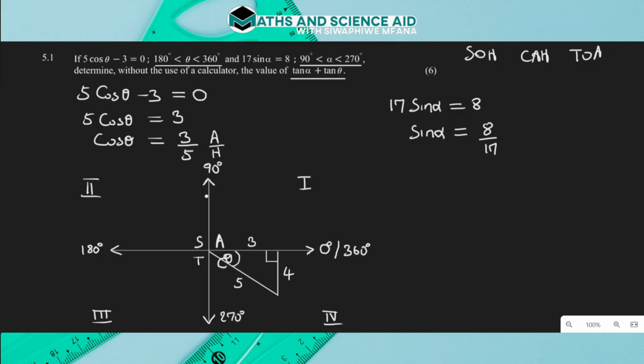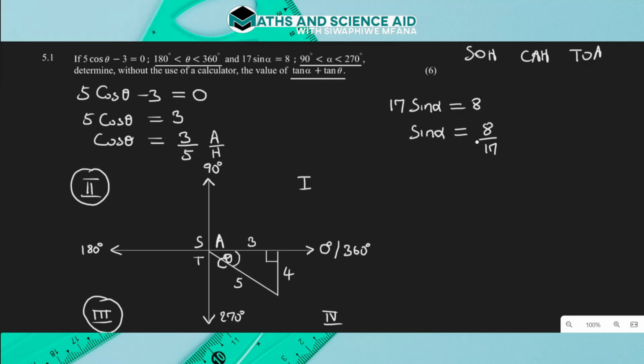So if alpha is between 90 degrees and 270 degrees, it means that it's in the second quadrant or the third quadrant. And now going to the sine equation that we have here, sine alpha equals positive 8 over 17.